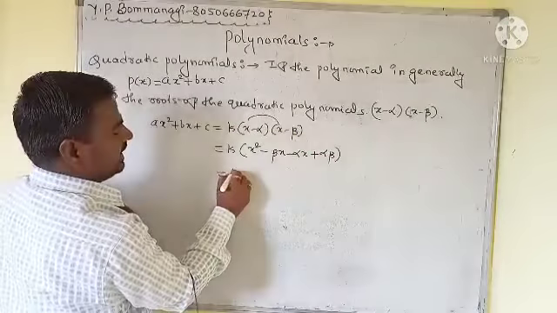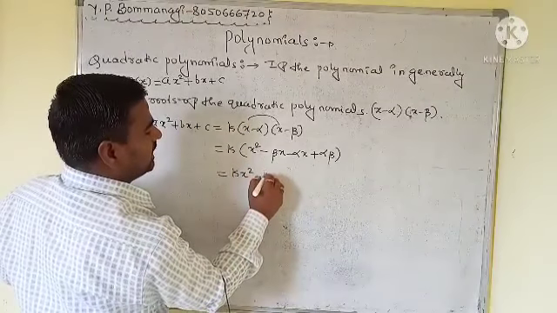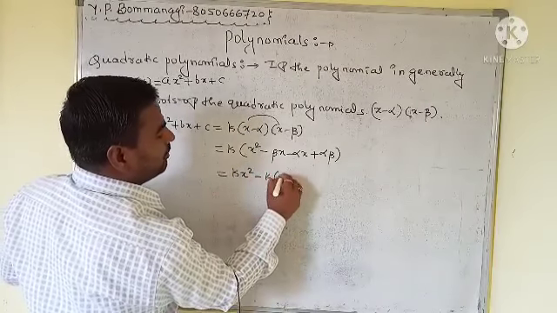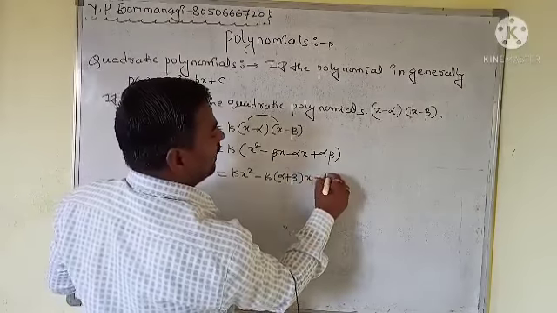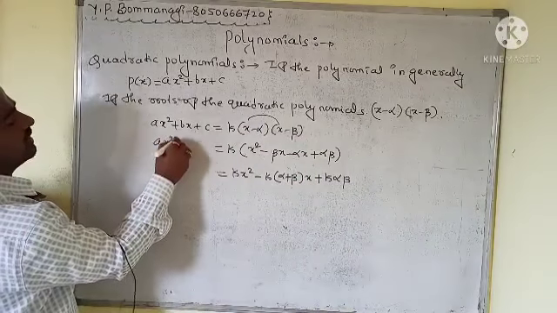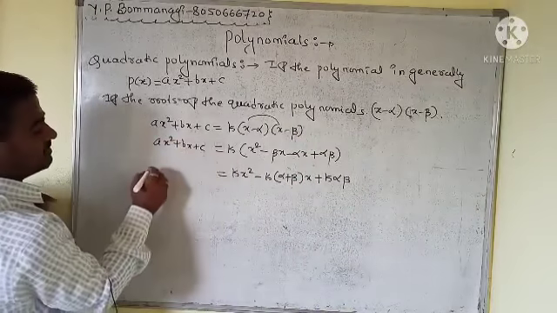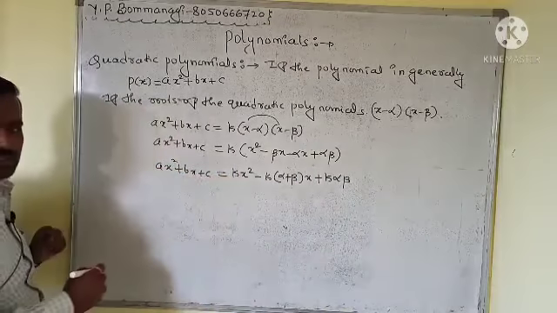So next, k x square minus k times alpha plus beta x plus k alpha beta, right? So ax square plus bx plus c terms.